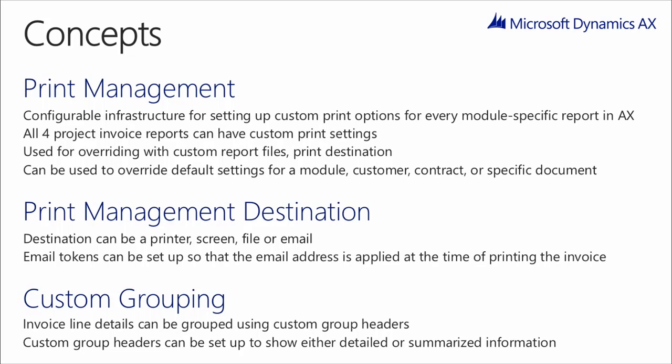So that the system then figures out the actual email address that it needs to send to at runtime. You only specify that it needs to go to the customer's business location, or it needs to go to the customer's remittance email address, and the system then figures out, based on how the customer is set up, the email address that it needs to send to.